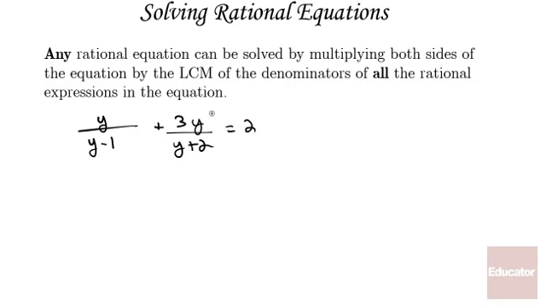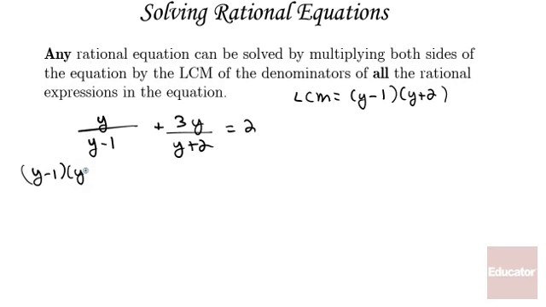So let's look at the two denominators. I have y minus 1 and y plus 2. So I need to multiply by y minus 1 times y plus 2. And I need to do that on both sides. So let's go ahead and do that.